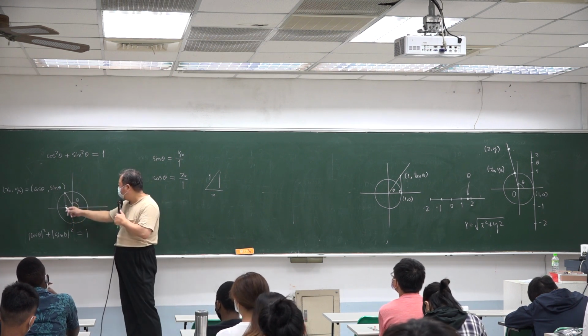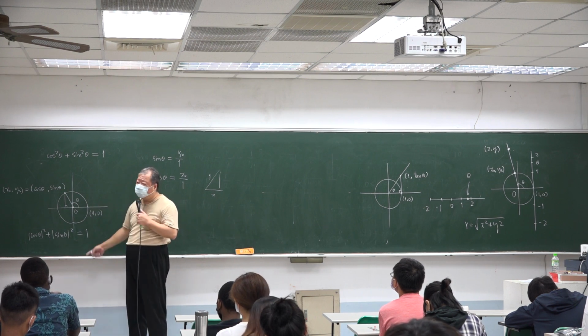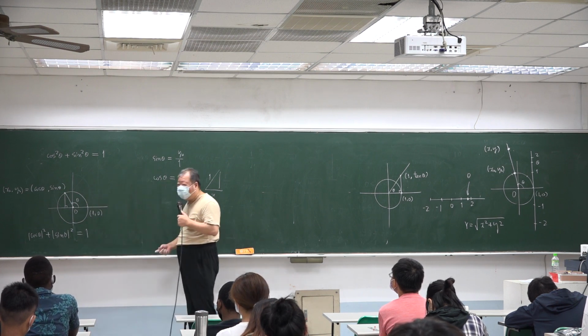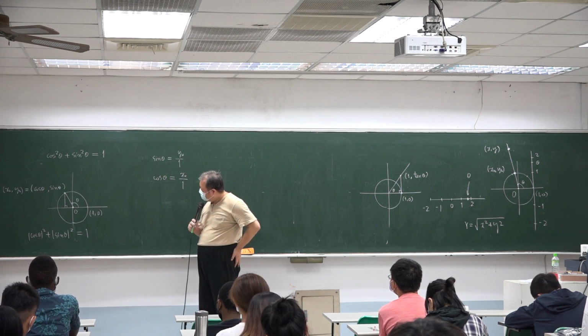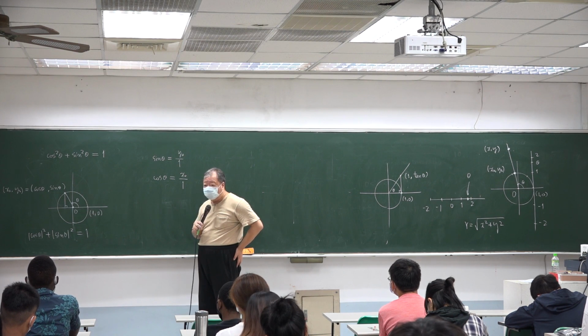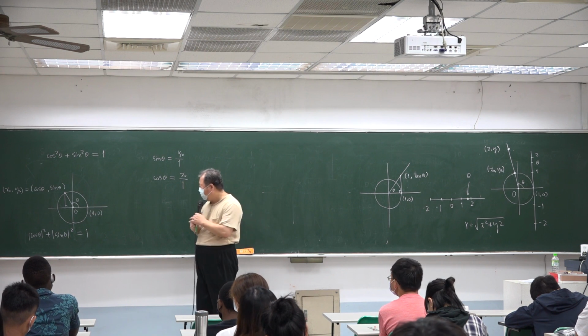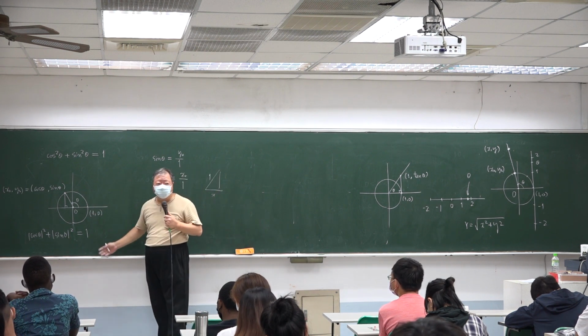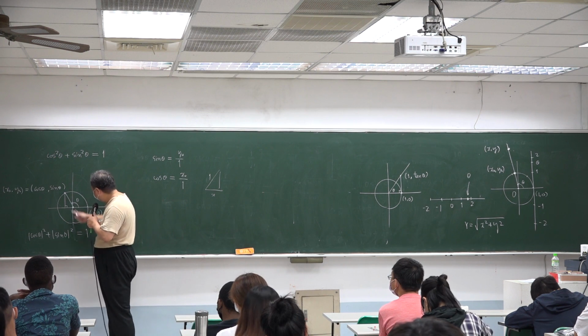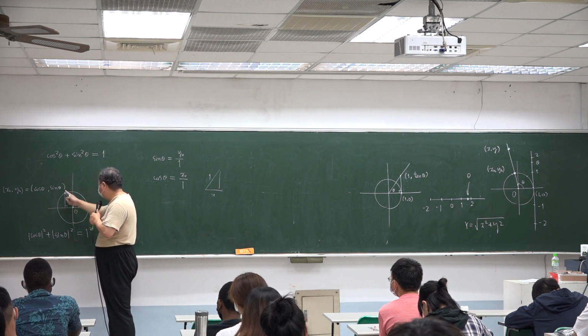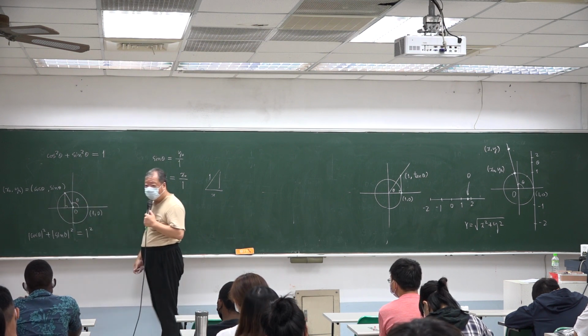So this is a right triangle. Use how to say that name? Pythagorean, right? Yeah, Pythagorean theorem. According to the Pythagorean theorem, we know the square of the hypotenuse equals the sum of the squares of the two legs.